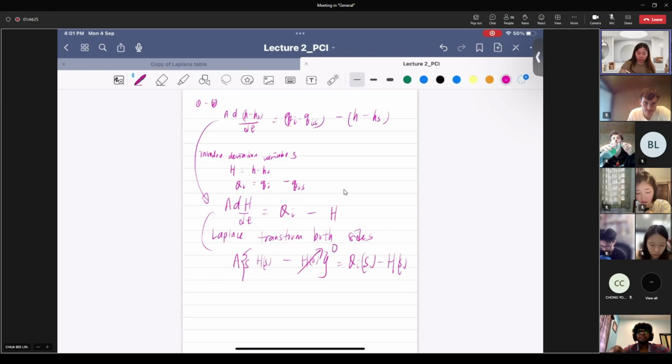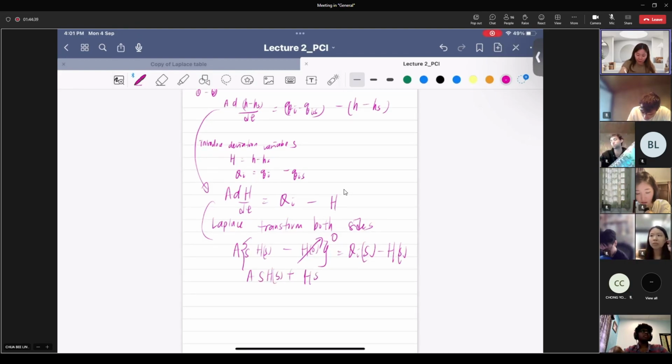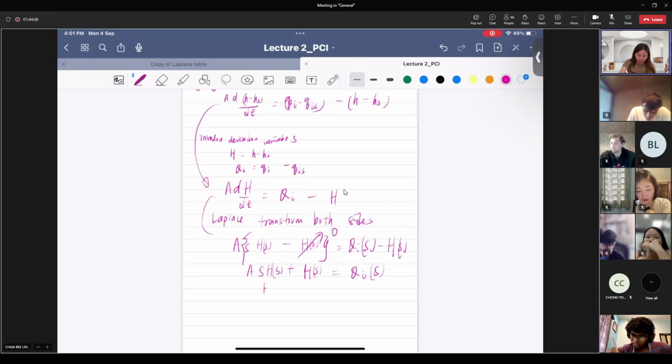Initial condition will be 0, because the value will be the same as the steady state value at time equals 0. So you rearrange so that you can group the output at the left-hand side and the input at the right-hand side. So you'll factorize the HS. So (AS plus 1) HS equals QIS.